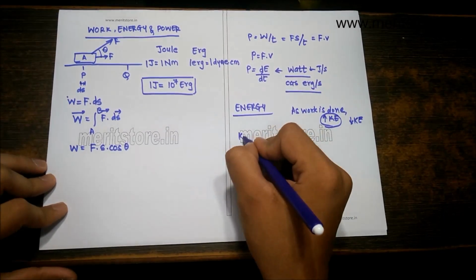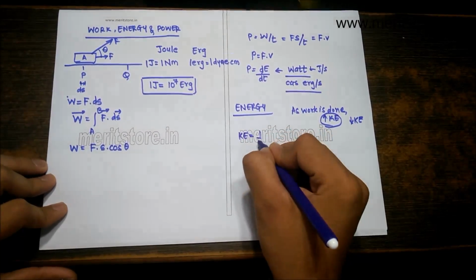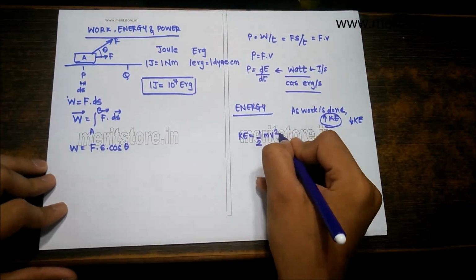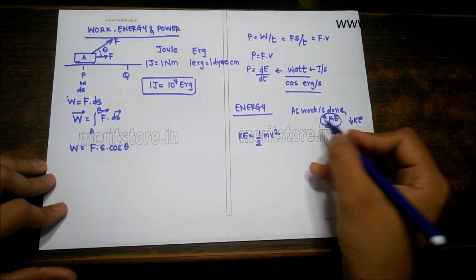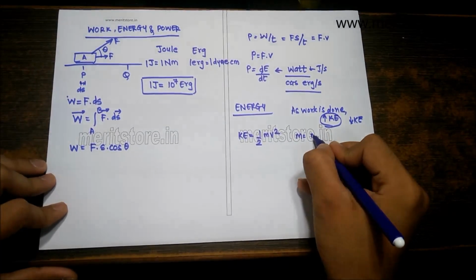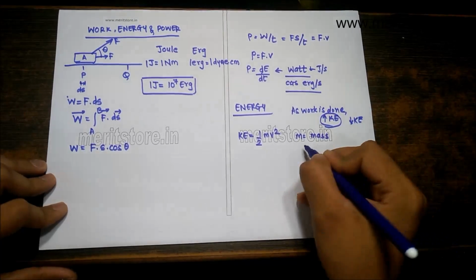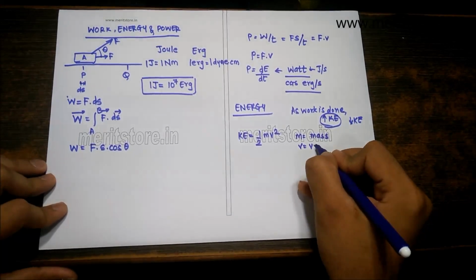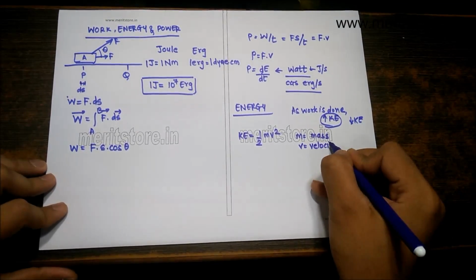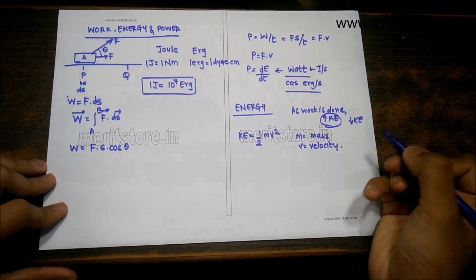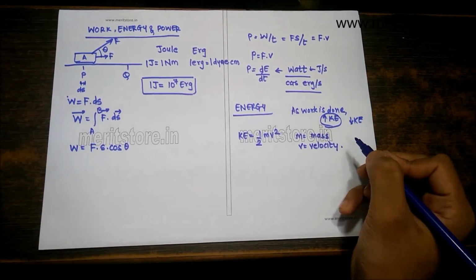So my kinetic energy Ke is equal to half mv squared, where m is the mass of the object, while v is the velocity at which it is moving. Velocity or the speed of the body.